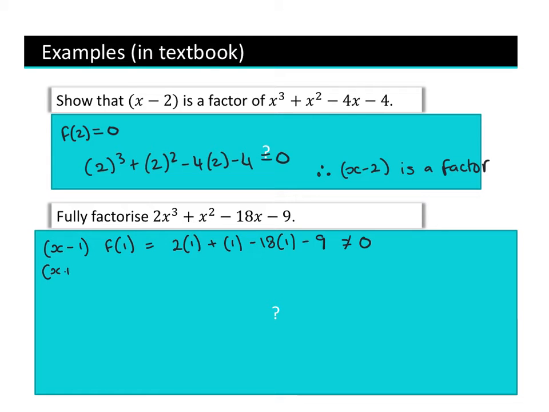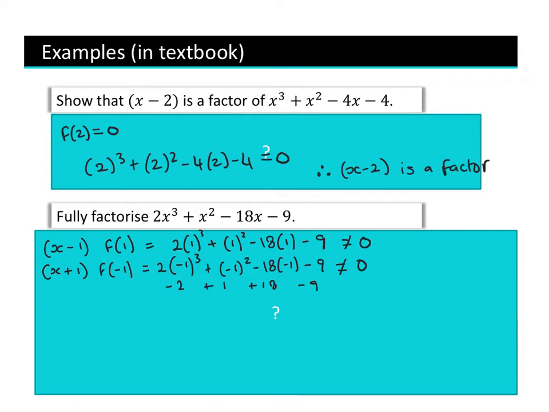So now I'm going to try x plus 1. So I'm going to have f of minus 1. So I'm going to get 2 lots of minus 1 cubed, sorry, these are cubes, plus minus 1 squared, minus 18 lots of minus 1, minus 9. I'm going to get minus 2 plus 1 plus 18 minus 9. Again, this does not equal 0.